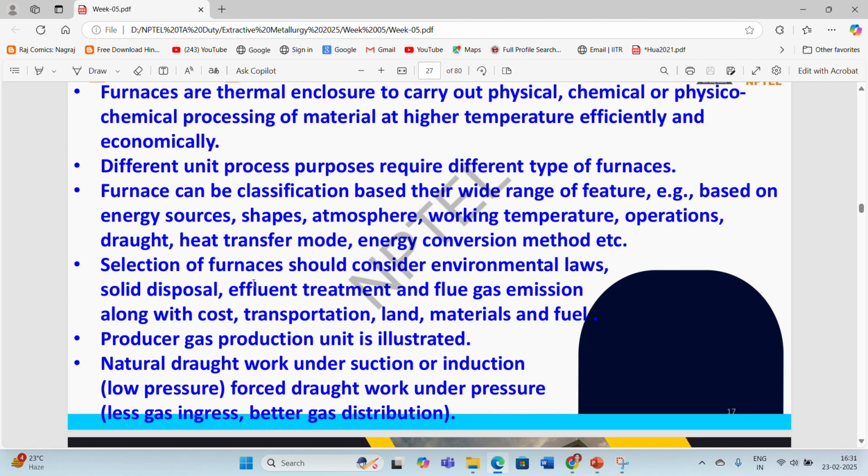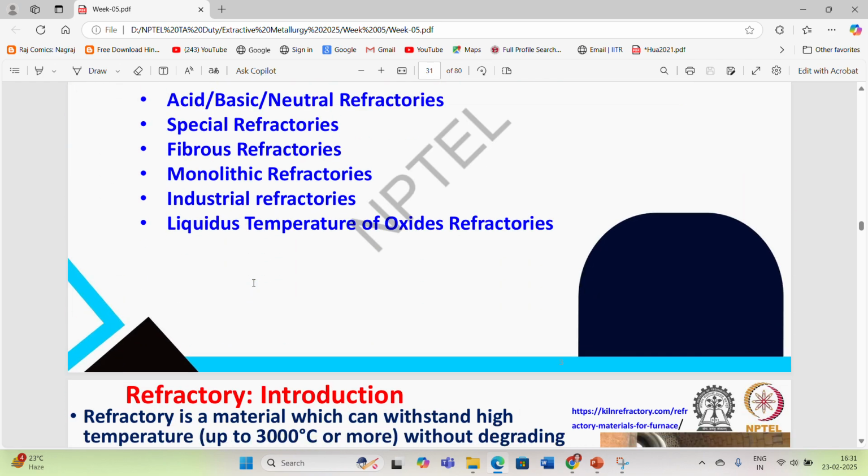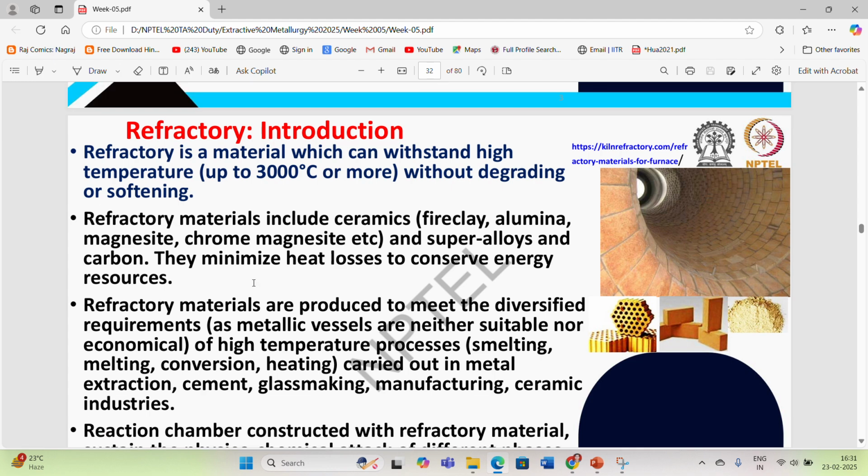Okay. So now we have talked about the types of furnaces and the type of draught induced in those particular furnaces, and how to divide the furnaces based on different scenarios like fuel source, the shape of the furnaces, or the requirement of the particular application for a particular furnace.